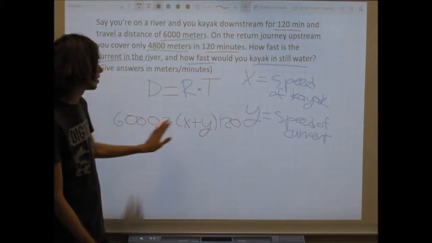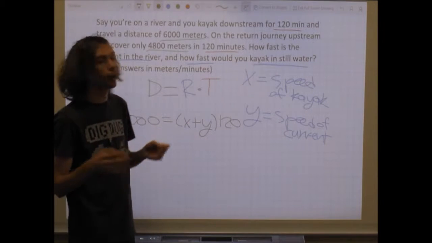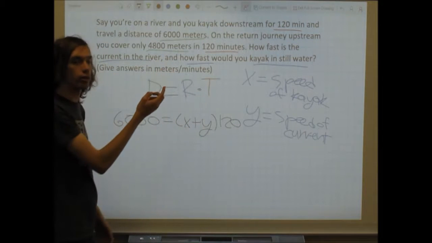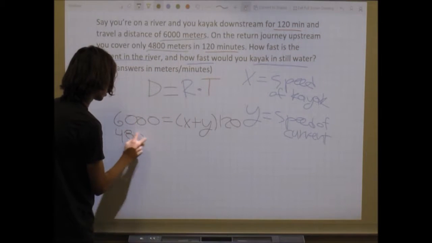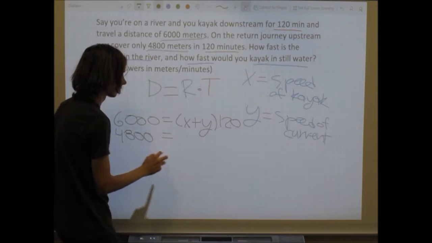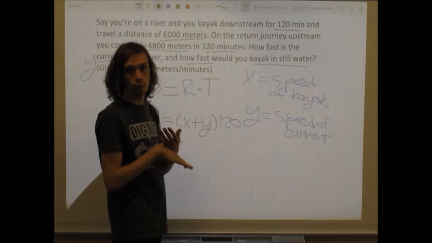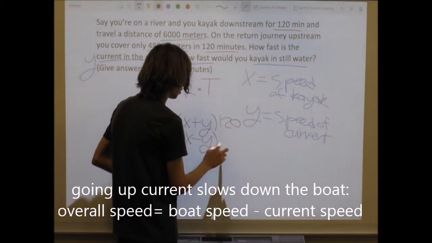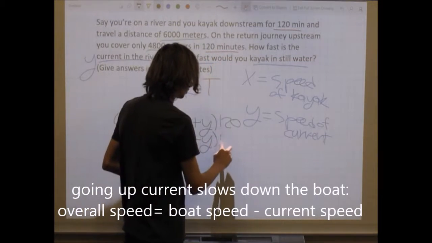So here we go, distance equals rate times time. Let's do that again for the other scenario. We're going upstream. So same thing, 4,800 is our distance this time. And remember, when you're going upstream, our speed is x minus y. We said that earlier. And the time here is actually the same, 120 minutes.